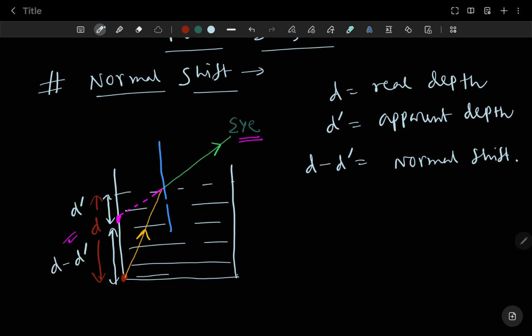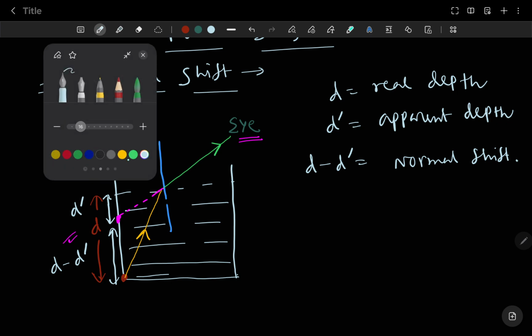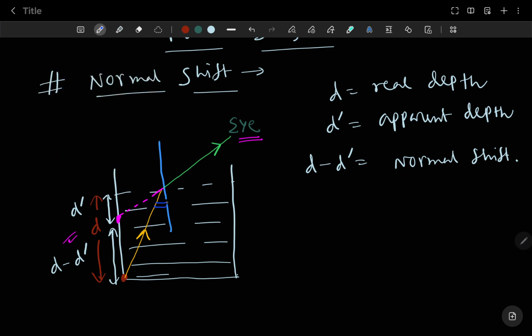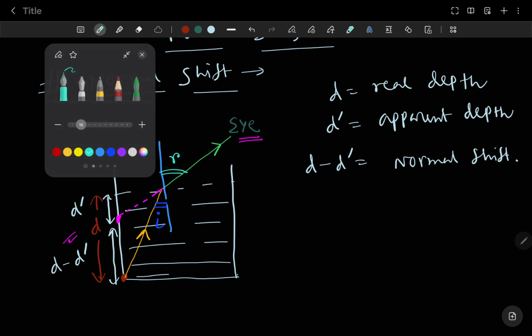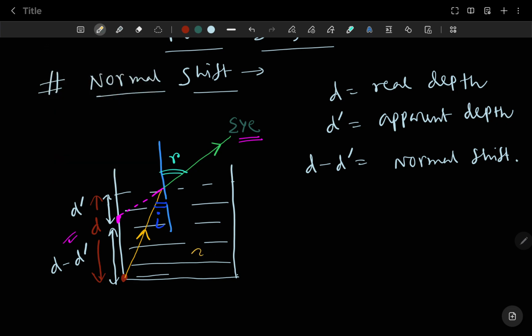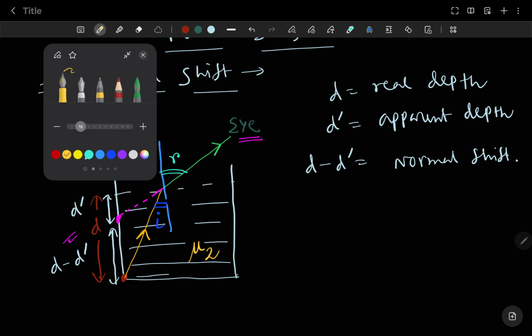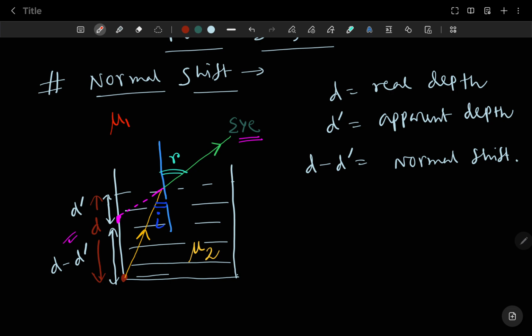So we have to calculate this, so in order to calculate, let us write this angle of incidence is I and the angle of refraction is R, okay, fine. So here let us call the denser medium to be mu2, the refractive index, and in the rarer medium the refractive index let us call mu1, okay, fine.